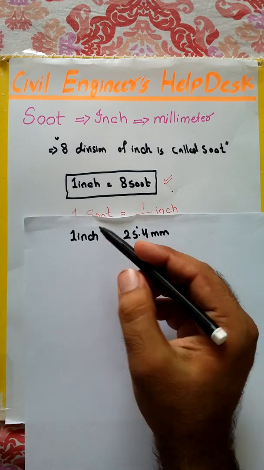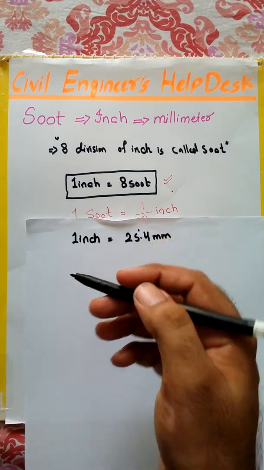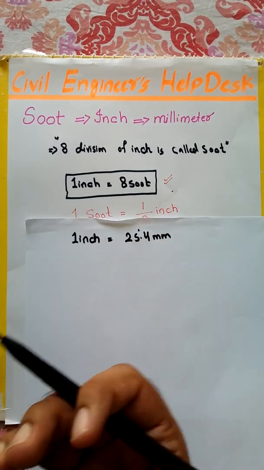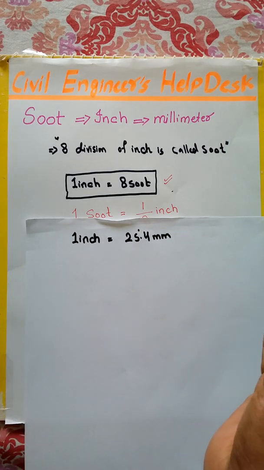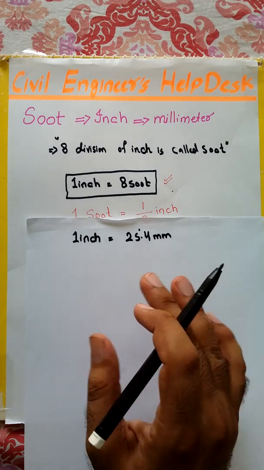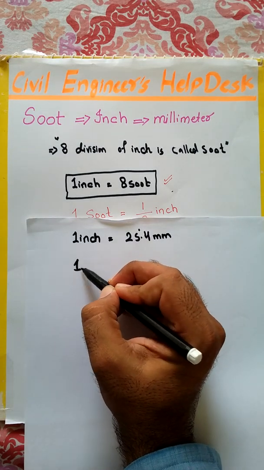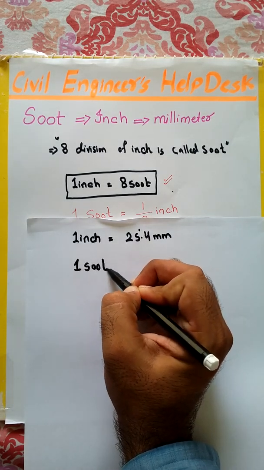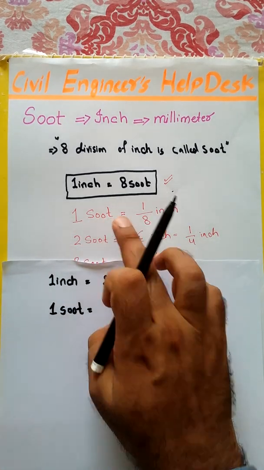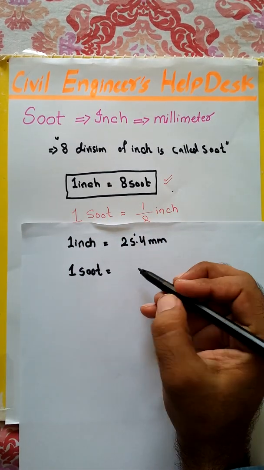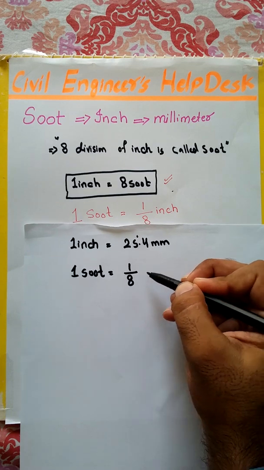So if we want to know how many millimeters 1 Sooth is equal to, don't worry. We take this relationship: 1 Sooth is equal to 1 upon 8 inches.